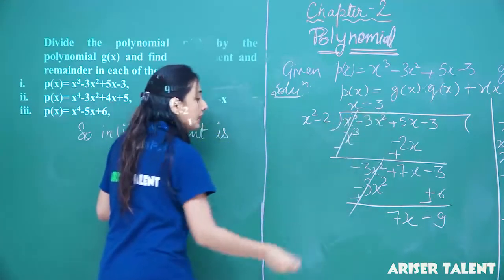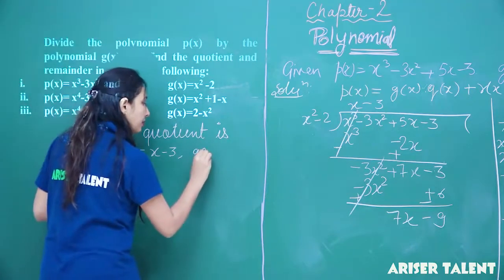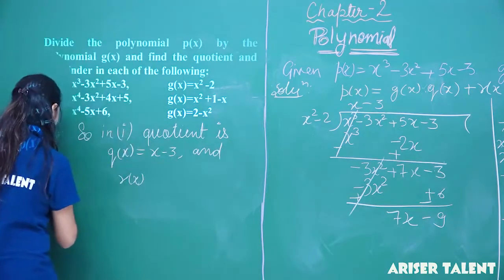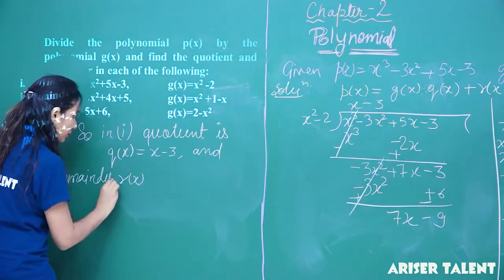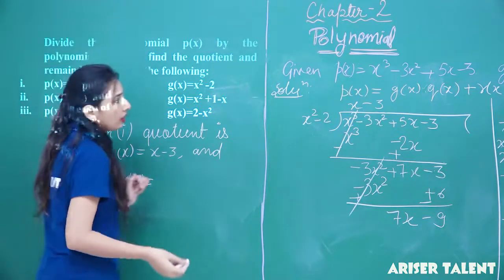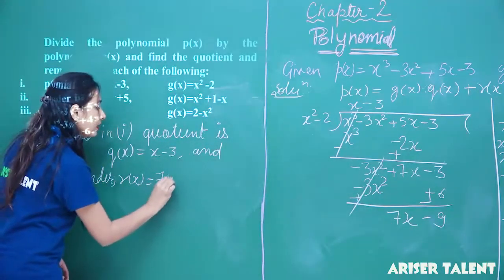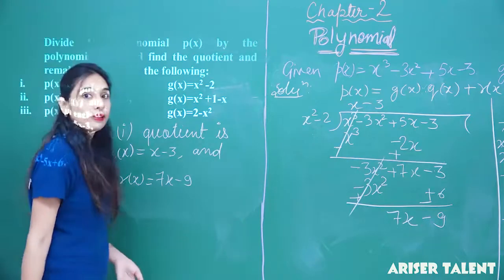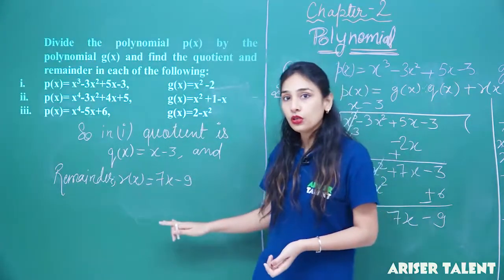This will be your quotient, and remainder is what? Rx equals to what remained? 7x minus 9. So, this is what we have asked for.